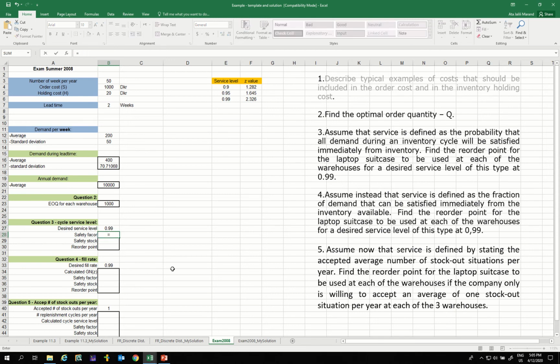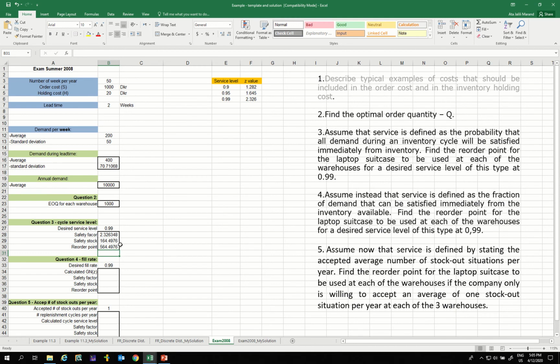I will start with calculating the safety factor, which is norm S inverse of the desired service level, and then I need to calculate the safety stock, which is the safety factor multiplied by the standard deviation of demand during lead time, and then reorder point is average demand during lead time plus safety stock.